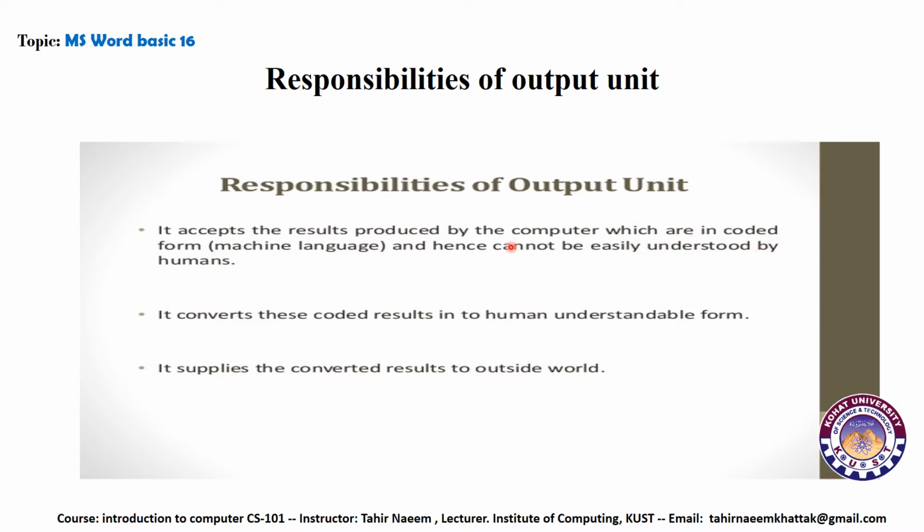Obviously these results are in coded form or machine language, because all computer and CPU functions are in machine language, so we cannot understand these results. So these results are converted to a human readable, human understandable form. This is the responsibility of the output unit.